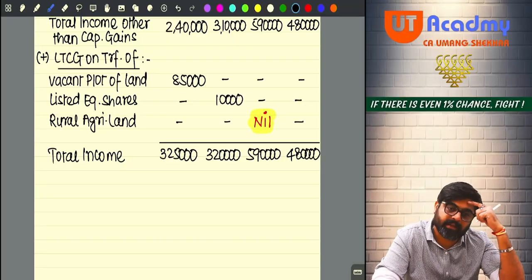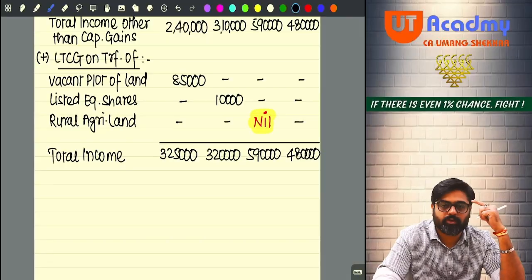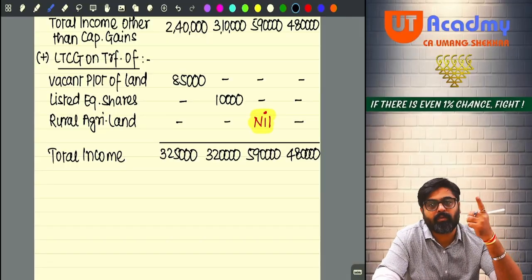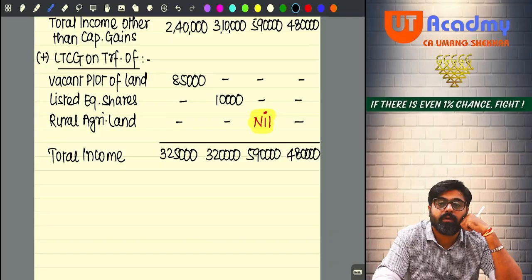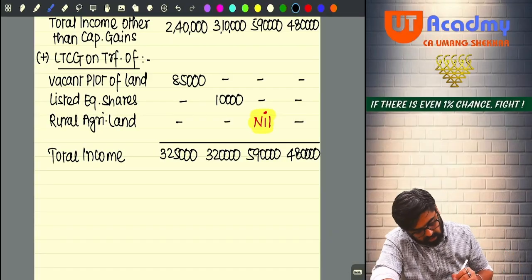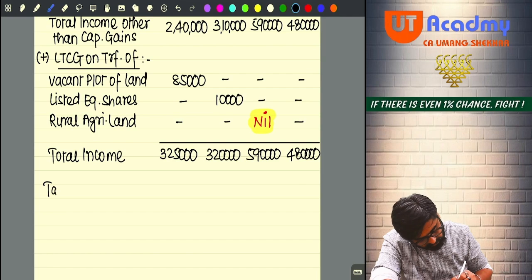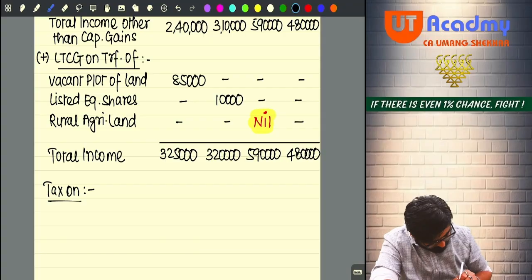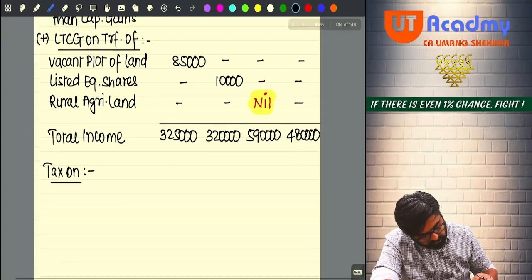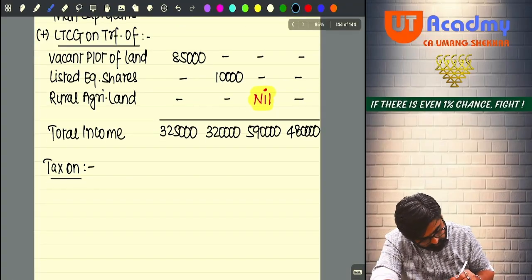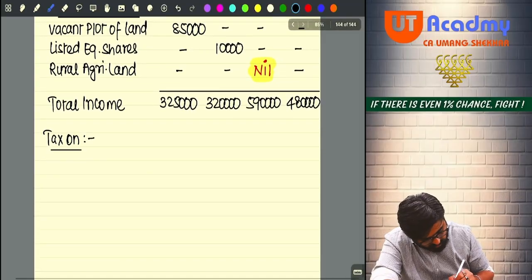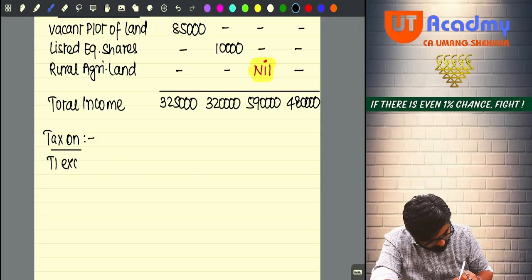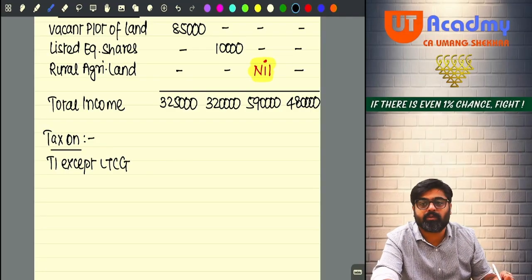So on the entire 3,25,000, should I apply 115BAC rate? No, 115BAC rate will be applicable on 2,40,000. So out of the total income, if I calculate tax on first 2,40,000, total income except LTCG, on first 2,40,000.